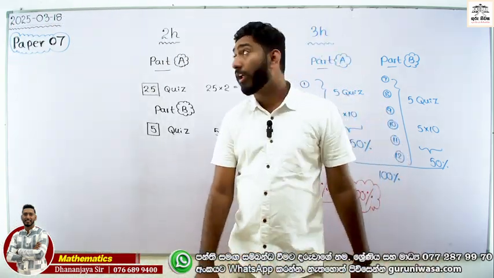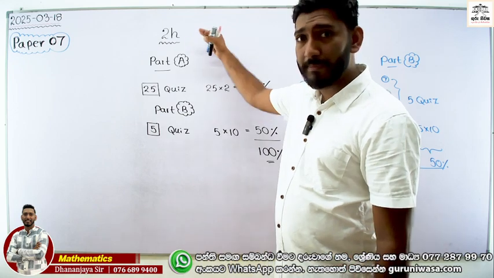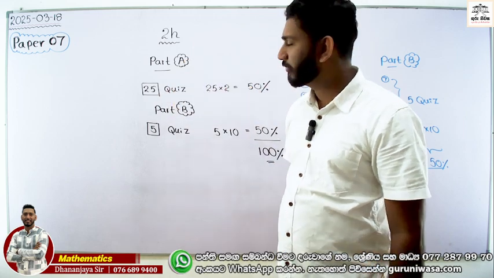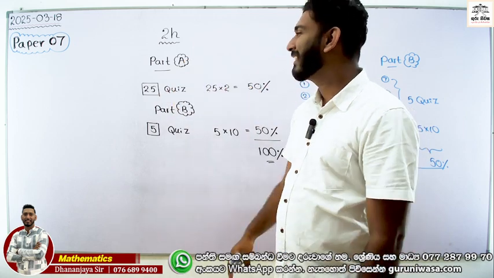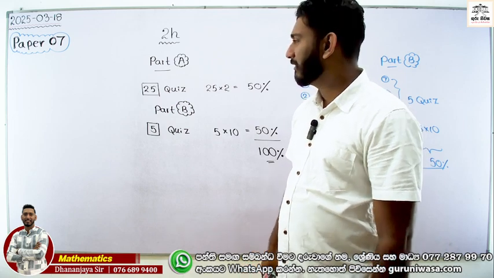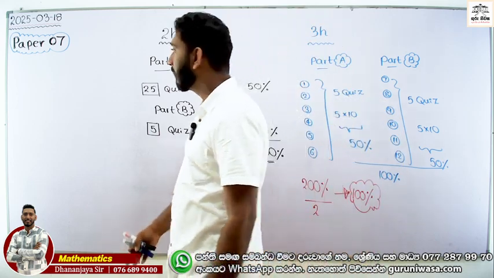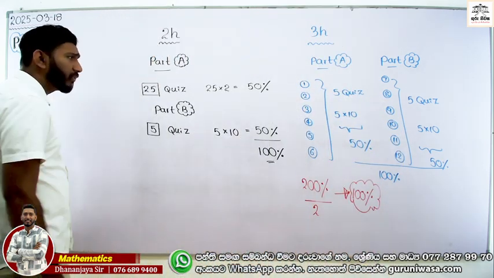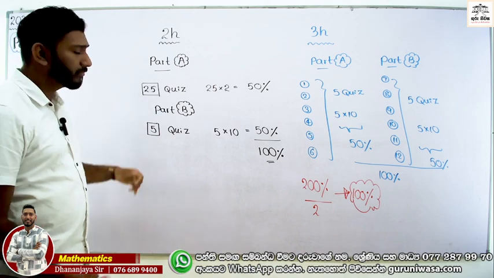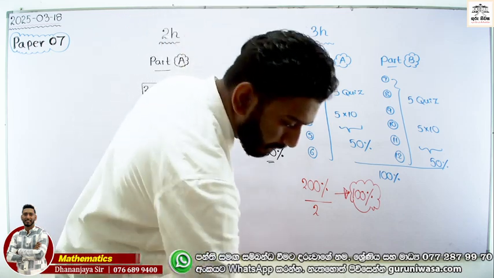Now we are going to follow the 2-hour paper. There are 25 questions and 5 structured questions on fractions, area, perimeter, pie charts, bandage, probabilities, like that. Now we are going to follow part A of the 2-hour paper.